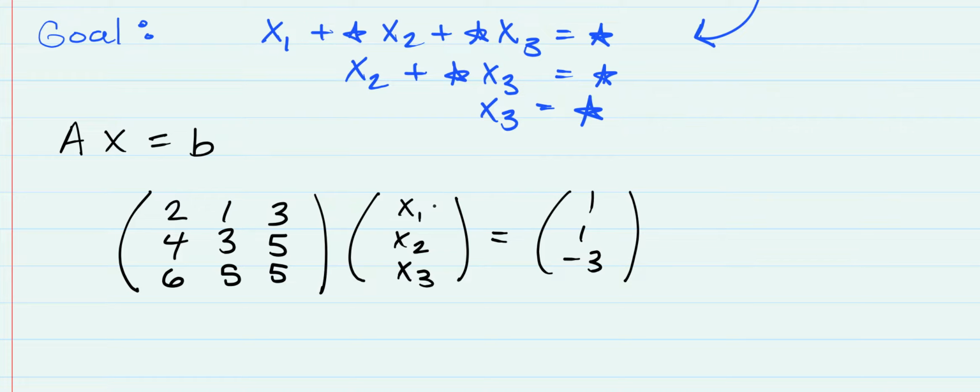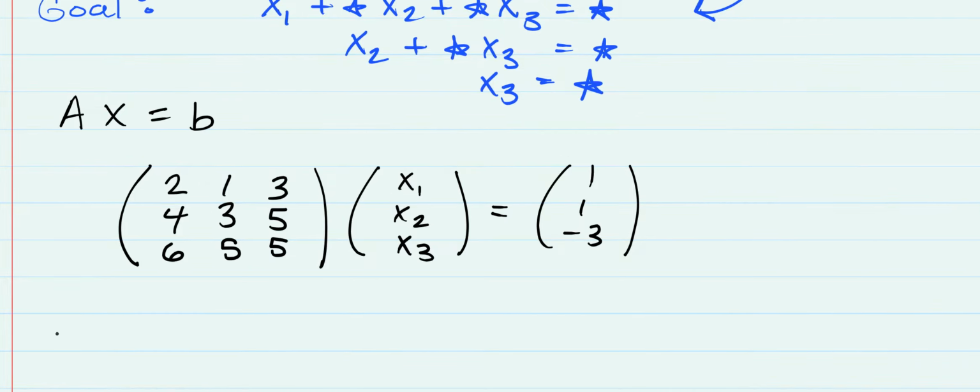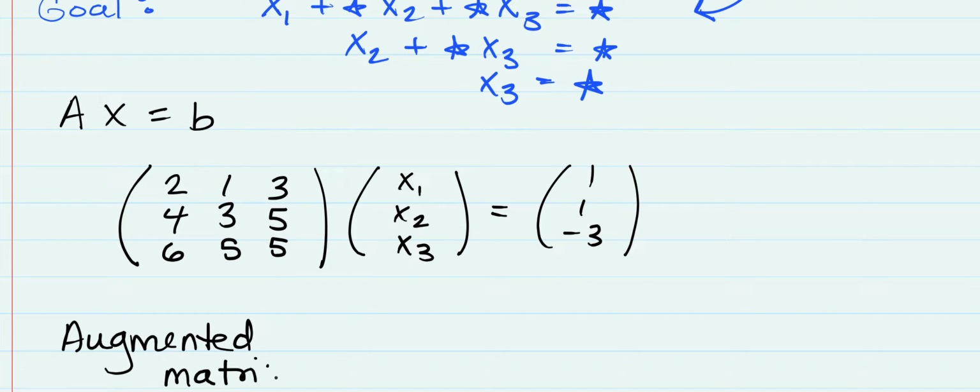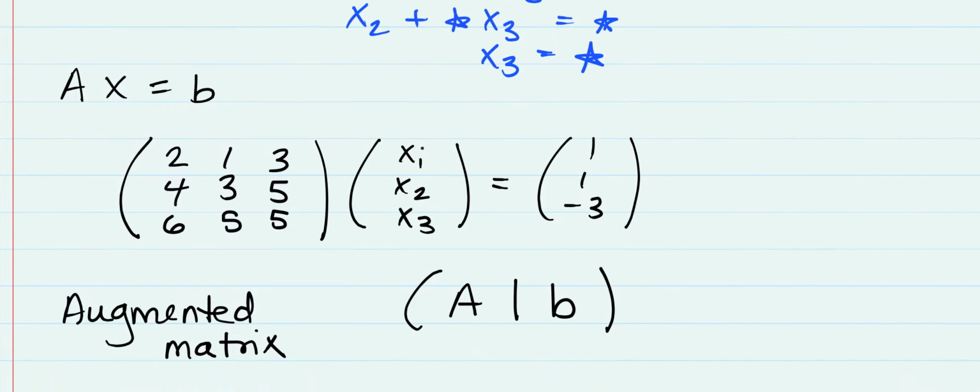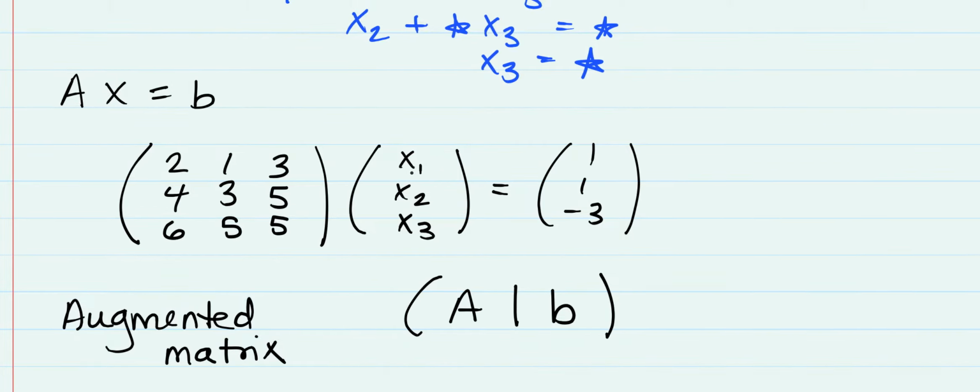The next thing I'm going to do is I'm actually going to create something called an augmented matrix, which is a matrix that has this matrix inside, a line, and then this matrix here. So what I'm doing is I'm getting rid of this x1, x2, and x3, because when I do these elementary row operations, we're not going to switch x1 and x2 and x3.